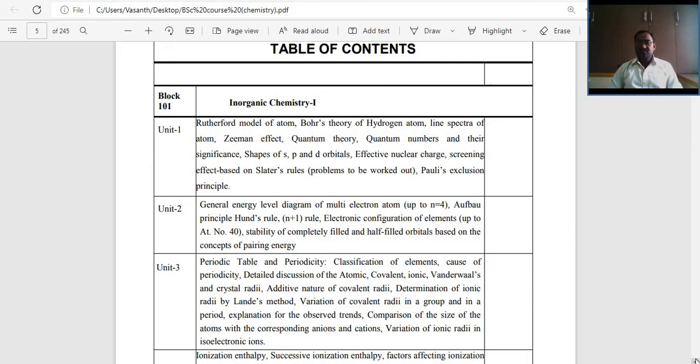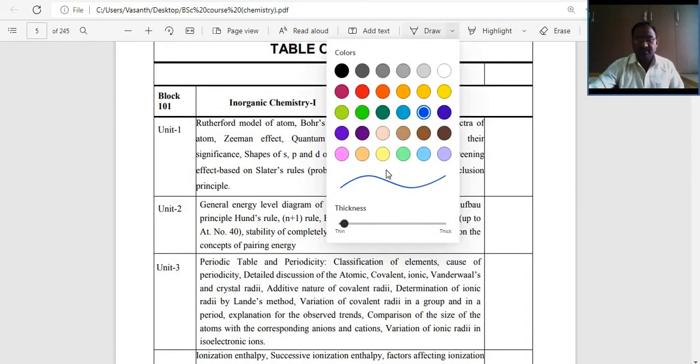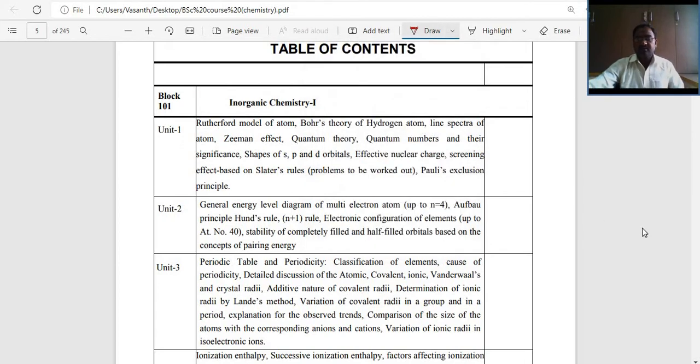Block 2, Physical Chemistry. Block 3, Organic Chemistry. Under that, I am going to handle Unit 1 and Unit 2.